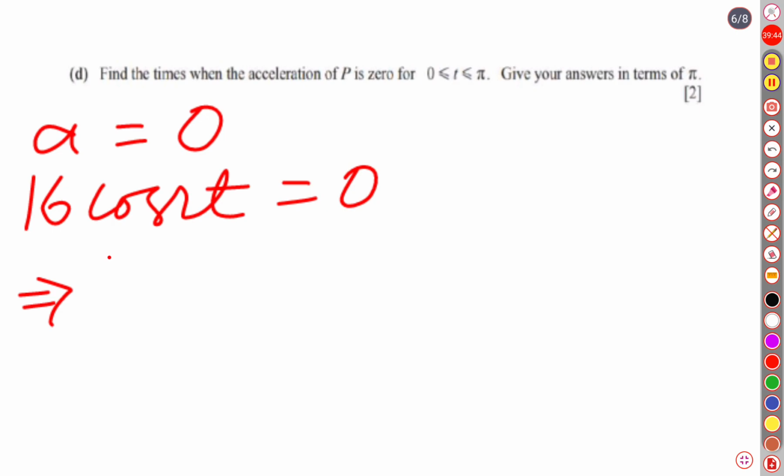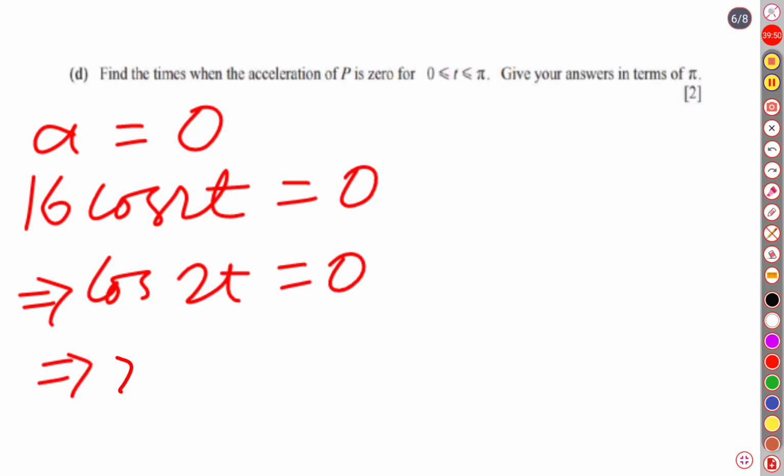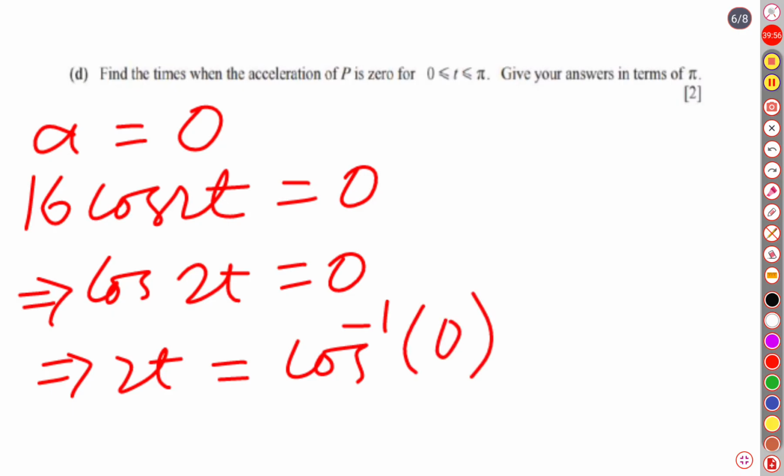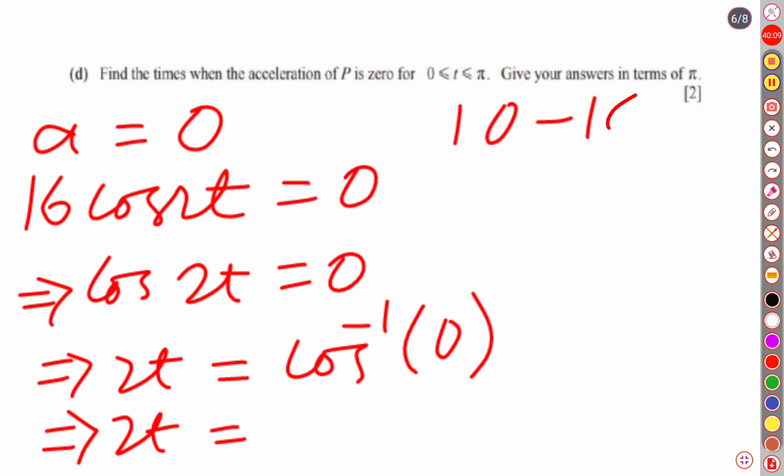Cos 2t equal to 0, or 2t is equal to cos inverse of 0. We know cos values are 1, 0, -1, 0 and 1 again.